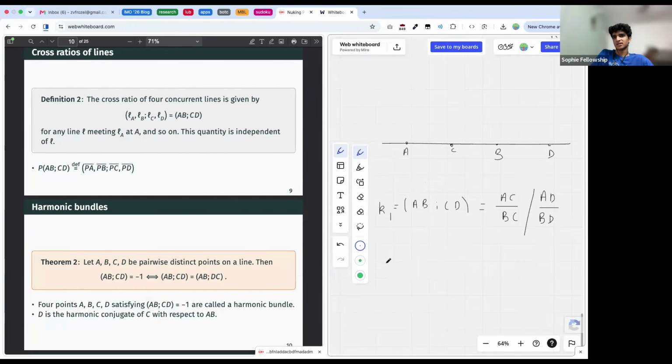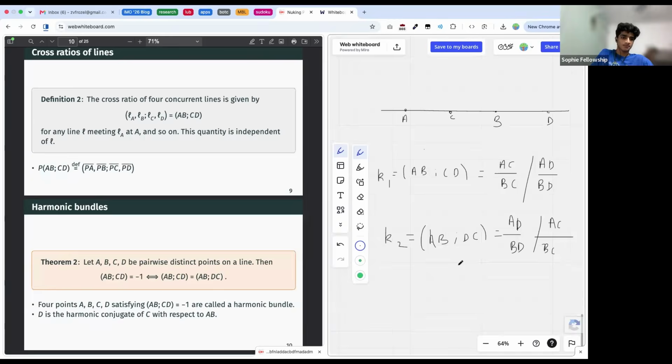Okay, so let's say this is K1 and you have some K2, which is (A,B;D,C). I'm going to take this slowly, but bear with me because I know you are good enough to do this proof very easily, but it's good to start from fundamentals. AC by BC, and obviously K1 times K2 is equal to 1.